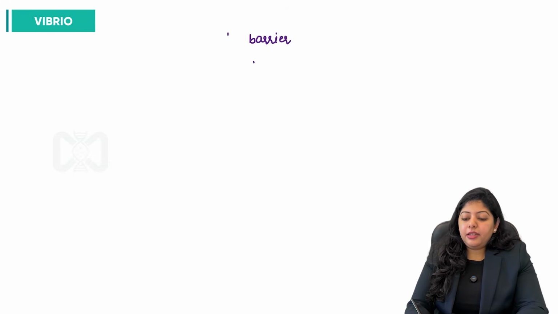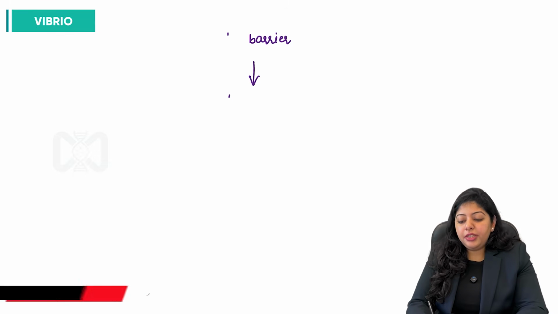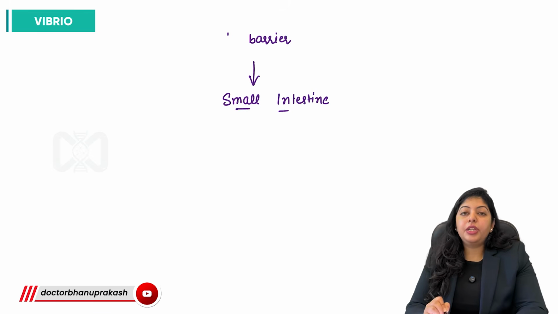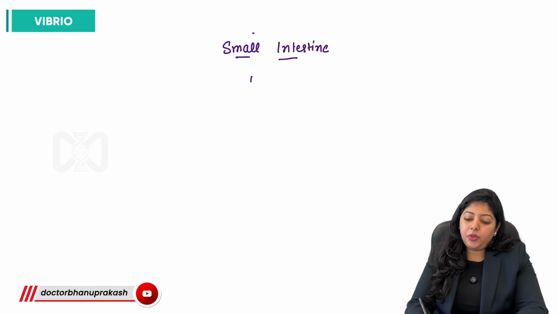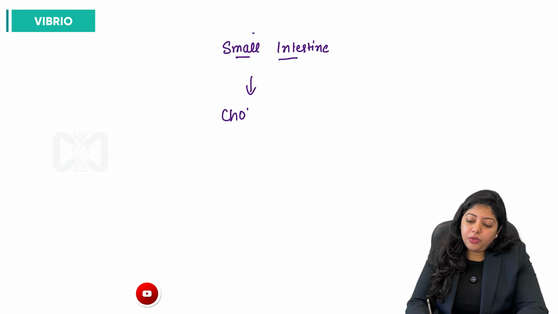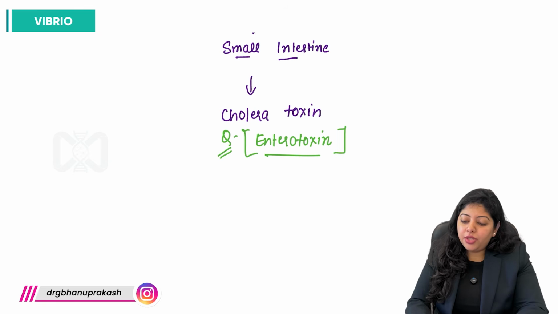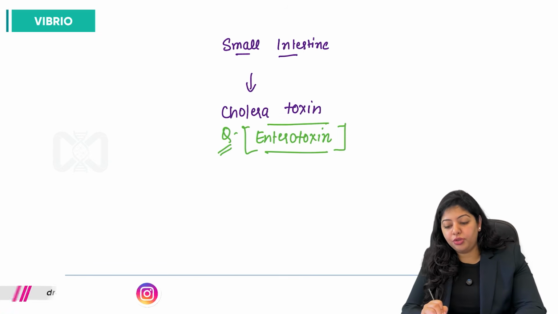And then it reaches the small intestine, where it is going to release the cholera toxin, which you must remember, it is a type of enterotoxin, which would be responsible for all the pathogenesis of these rice water stools.